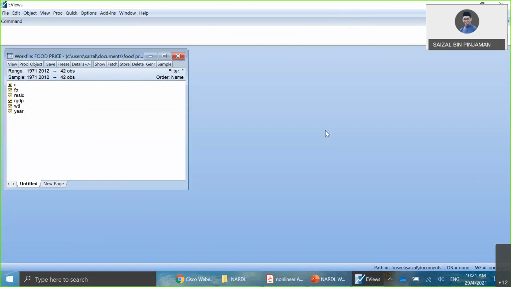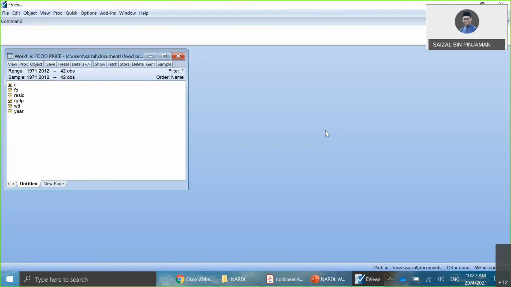As I mentioned before, to run the NARDL analysis, the first thing to do is to conduct the ARDL analysis. But make sure to conduct the unit root test first.